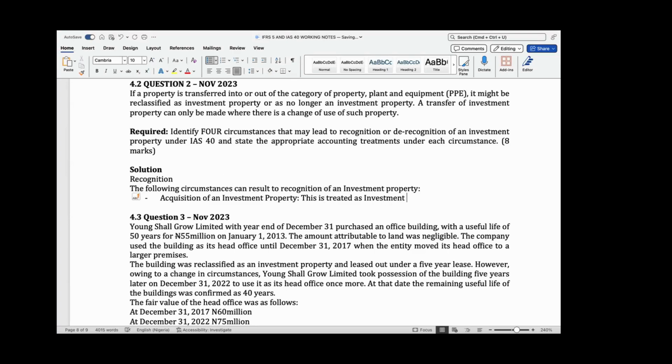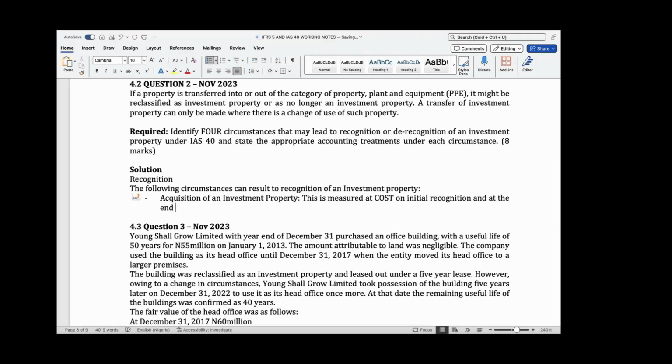This is measured at cost on initial recognition, and at the end of each year, it can either be measured using the cost model or valuation model.